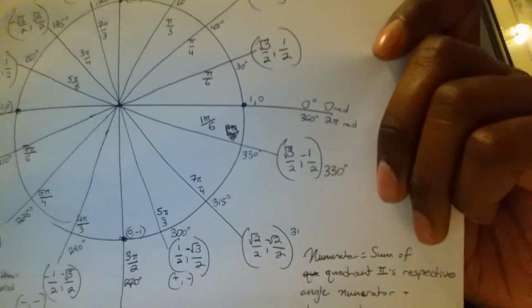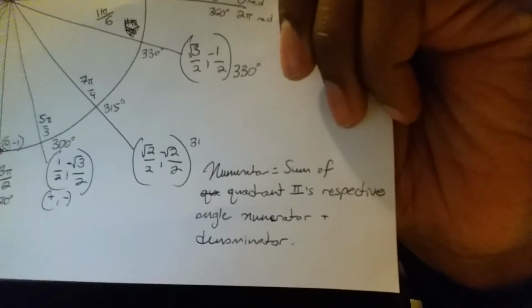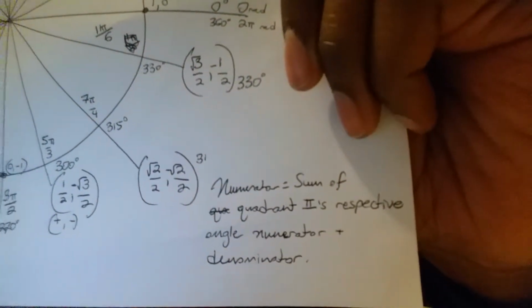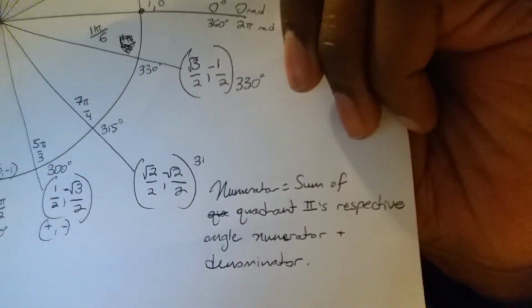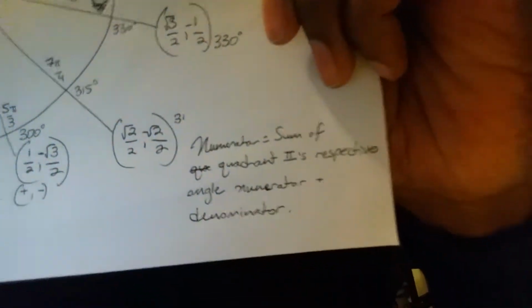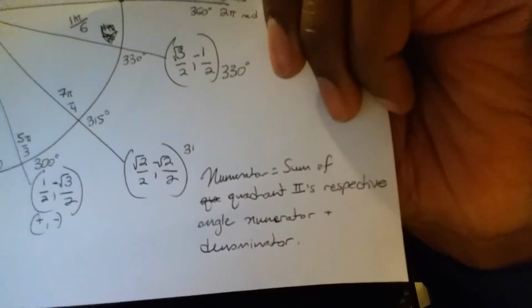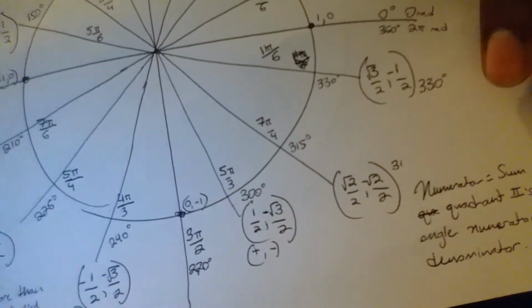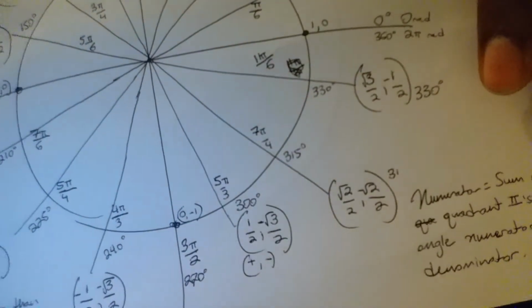Okay, so I went ahead and did those for you. Like I said right here, I wrote it down. Your numerator will be the sum of quadrant 2's respective angle's numerator and denominator. So in this case, I have the 5 pi over 3.